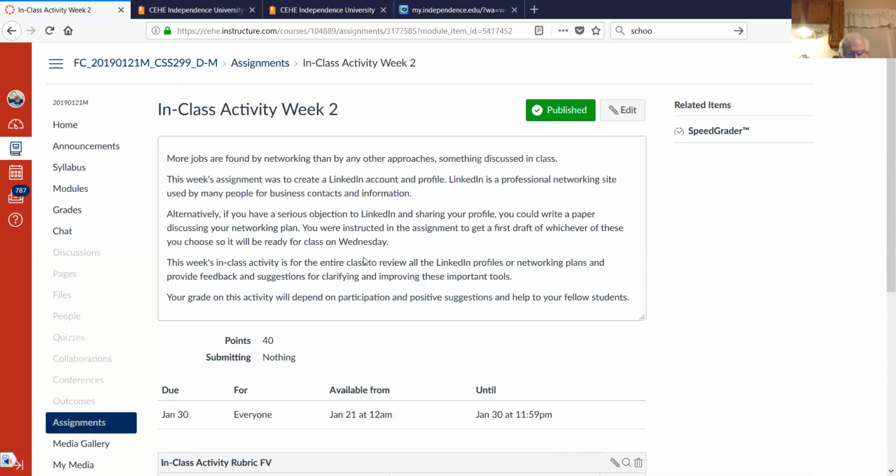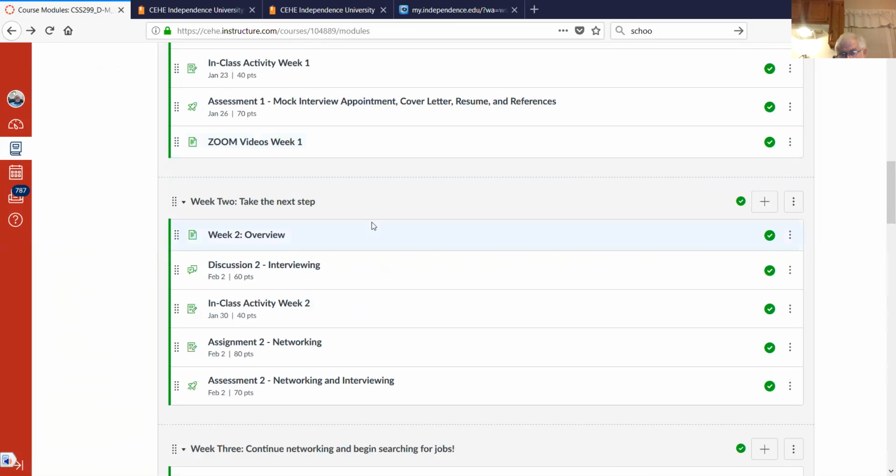And again, we'll be looking at your LinkedIn profile as well, with an object to helping you make this powerful, so that when someone gets onto your LinkedIn page when they're thinking about hiring you, they are going to check your social media. And LinkedIn is professional social media. So that's a part of what you're going to be doing. The assignment was to do that, and you have an assessment as well.